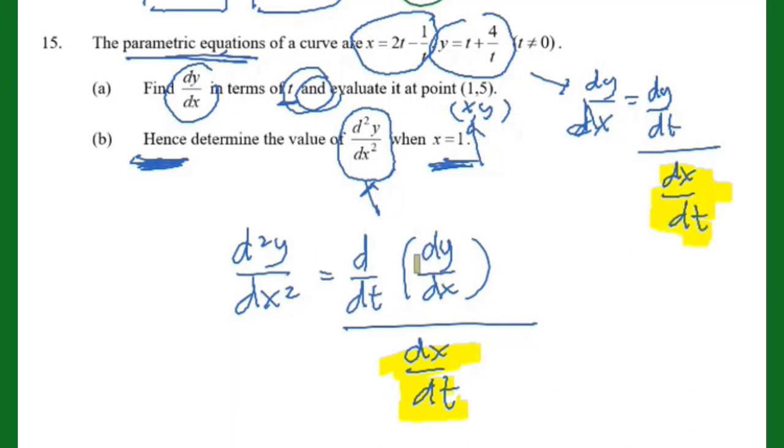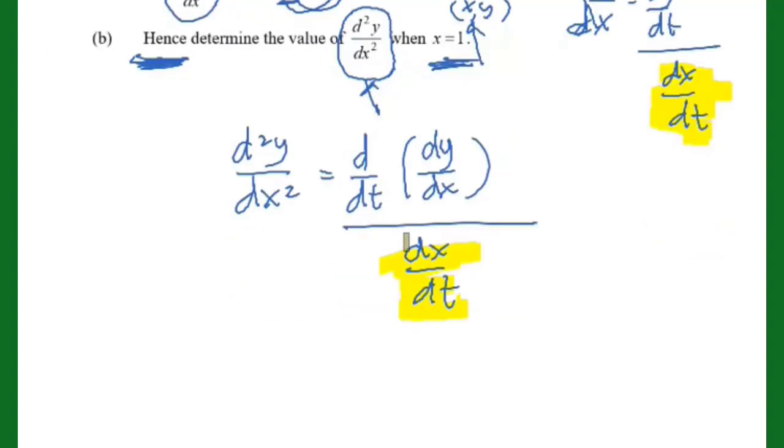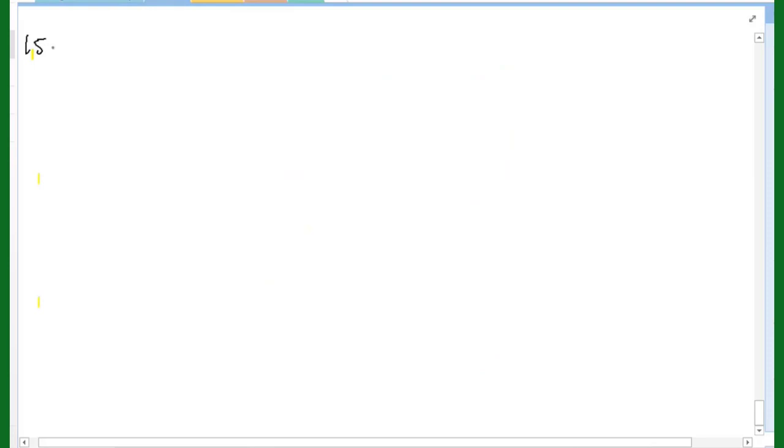But for d2y/dx squared, you need to differentiate again for the second time. The dx/dt is already settled. So we discuss number 15.